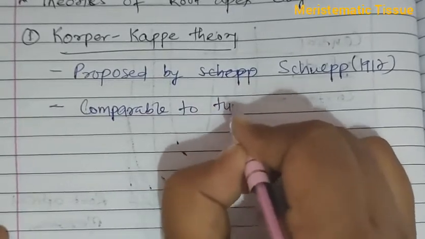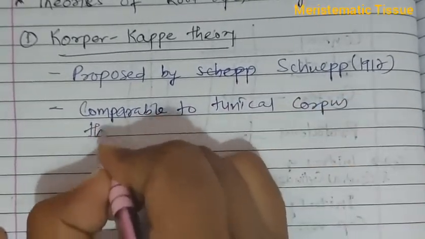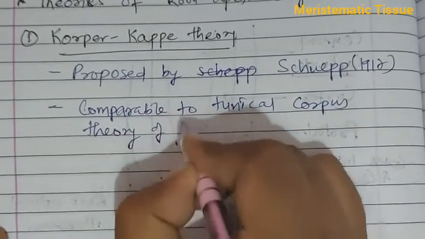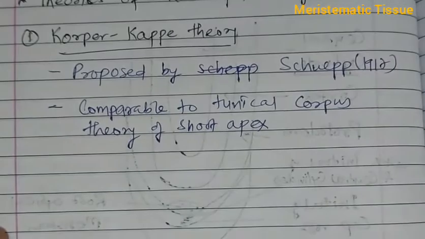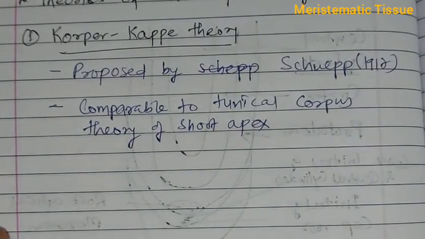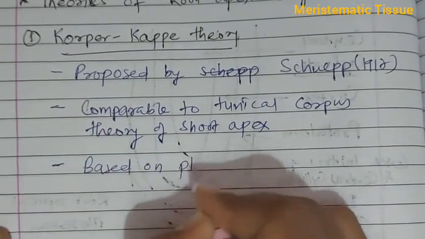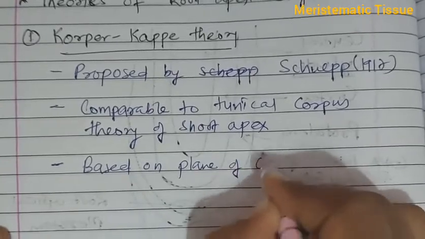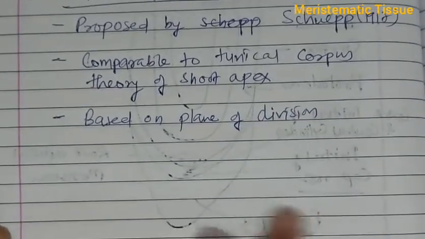the tunica corpus theory of shoot apex organization. So it is compared to that, and here it is believed that it is also based on plane of division.